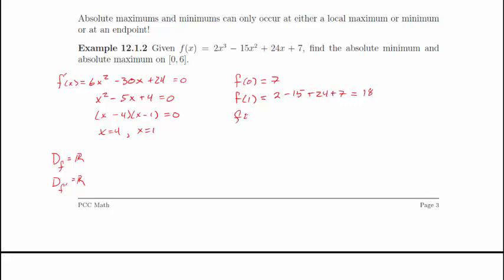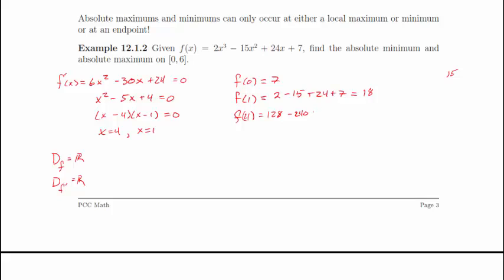And then f of 4. This will be a little bit more fun to calculate. So 2 times 4 cubed is 64, times 2 is 128, minus 4 squared is 16 times 15, that's 160 and 80 is 240.